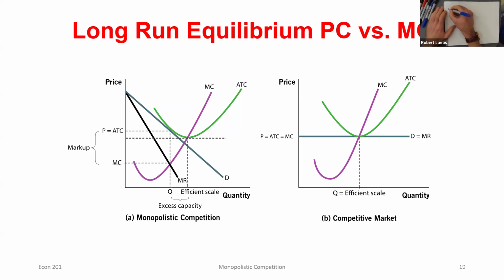I would have the quantity of a perfectly competitive firm is going to be higher than the monopolistically competitive firm, and the same would be true about the market. The price of a perfectly competitive firm is going to be what relative to the price of a monopolistically competitive market? Lower. What is deadweight loss for a perfectly competitive market?